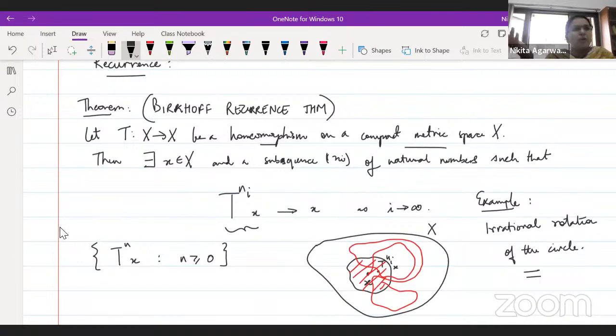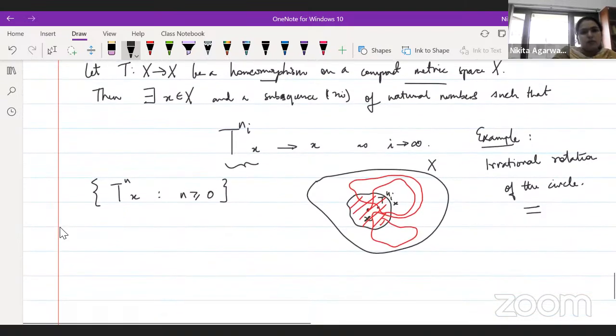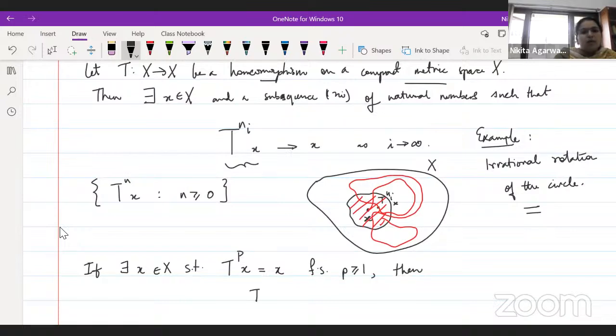So if you have a periodic point x, let me explain that to you. What I'm saying is that if there exists x in X such that T^p x is x for some p greater than or equal to 1, then T^{np} x is equal to x for all n greater than or equal to 1.